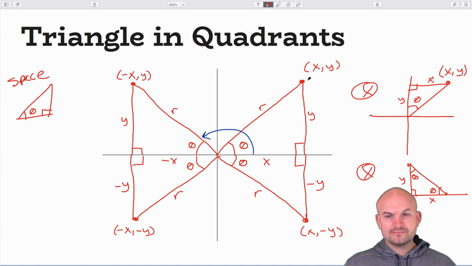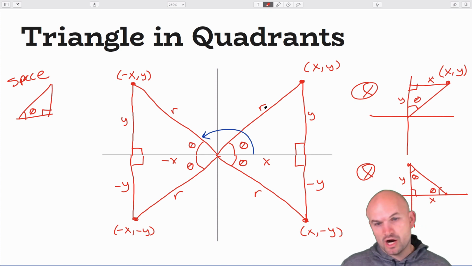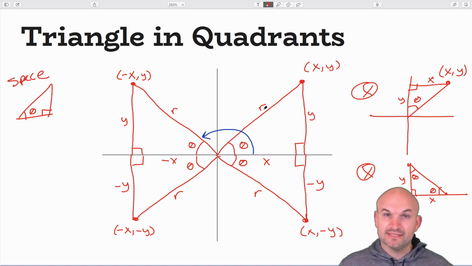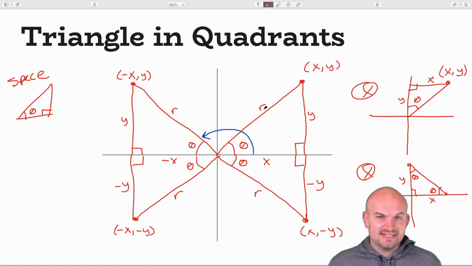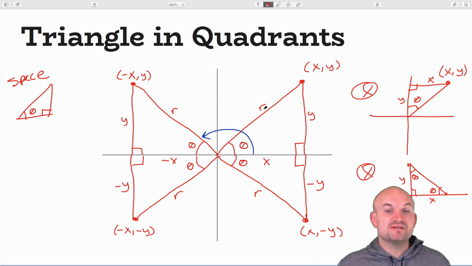Now, we can create a triangle by drawing a direct line toward the origin. What should we call that? That's the hypotenuse. Some people like to call it C or H. We're going to go ahead and use R, and you'll see why in a later lesson. Let's understand what R represents in this case.